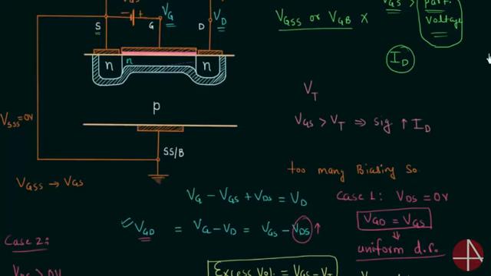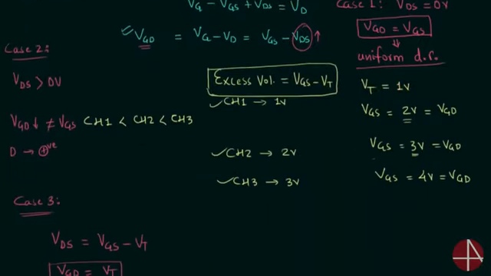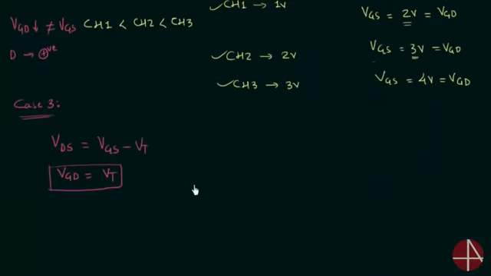Let's try to understand this with the help of one example. Let's say there is one wall, and you want to climb this wall. This wall is VT, and you are using another wall for this purpose, and this wall here is VGS.